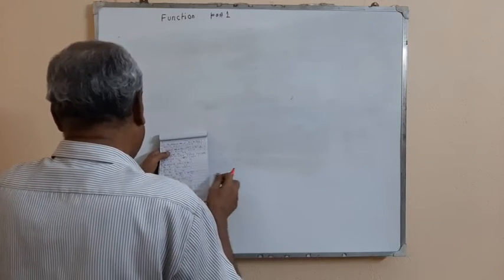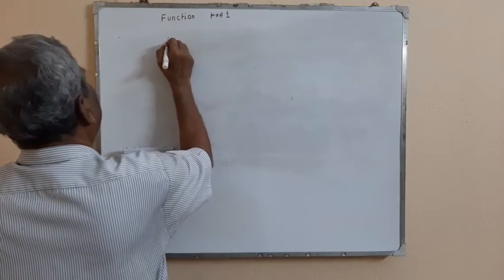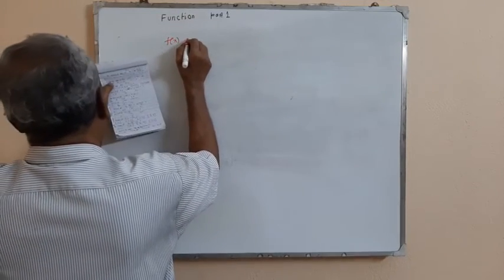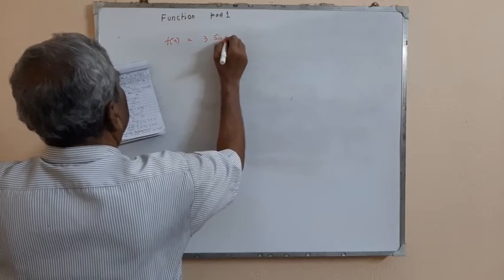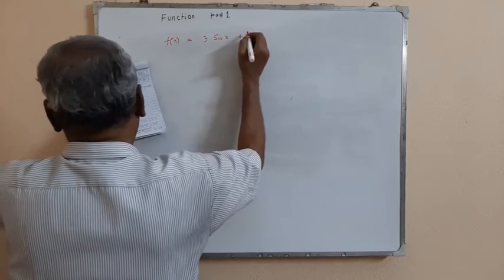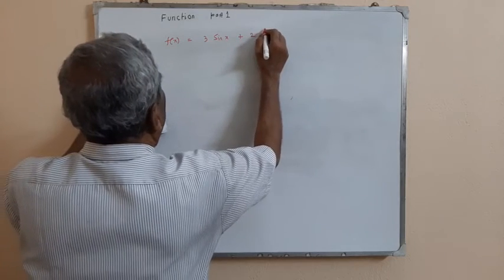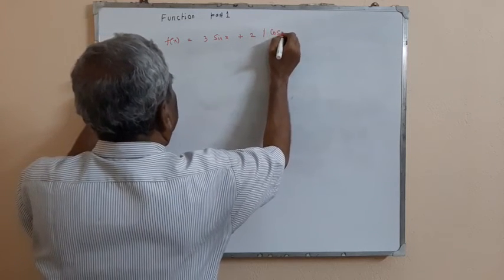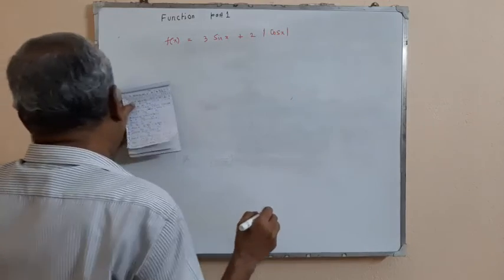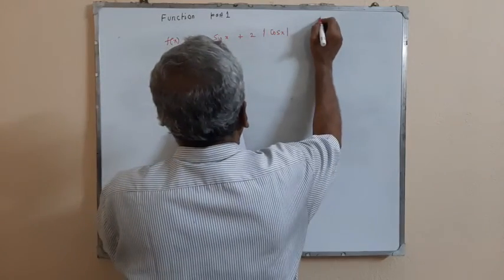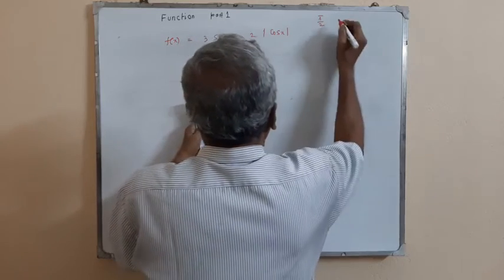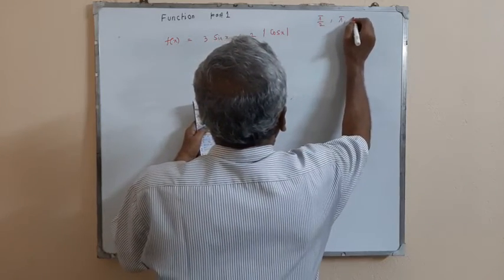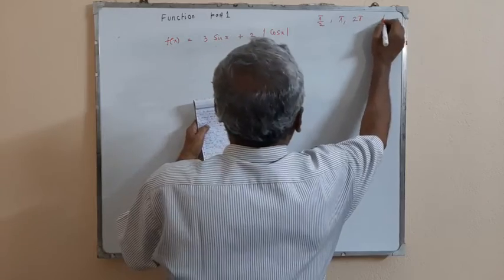The period of the function f(x) is equal to 3 sin x plus 2 mod of cos x. Options: pi by 2, pi, 2 pi, and 4 pi.